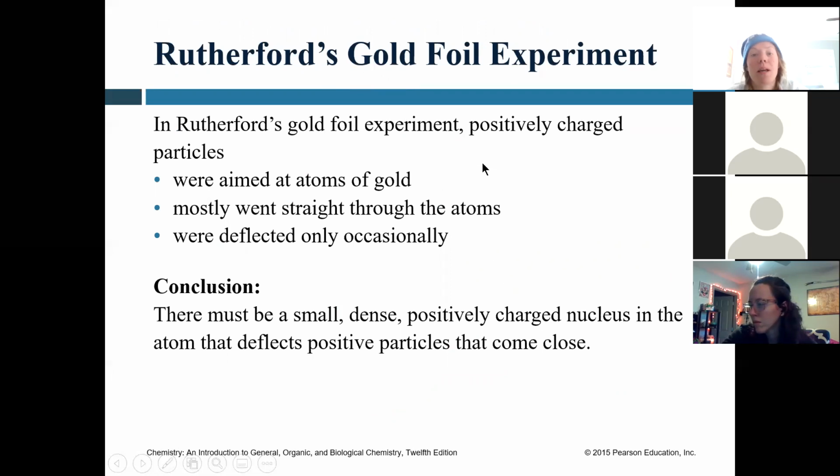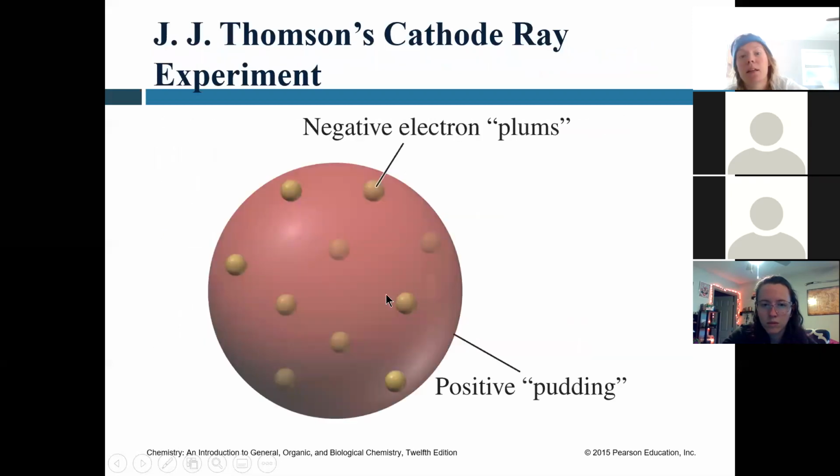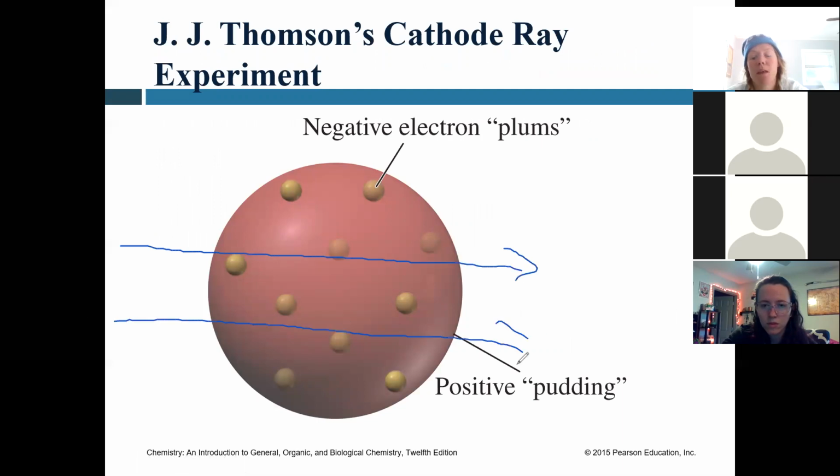Looking at a model like this, because the alpha particles were super teeny tiny, and these things were super teeny tiny, he believed the alpha particles should just go whoop, straight through. And what he found was that a lot of them went straight through, but every now and then one of them deflected back.